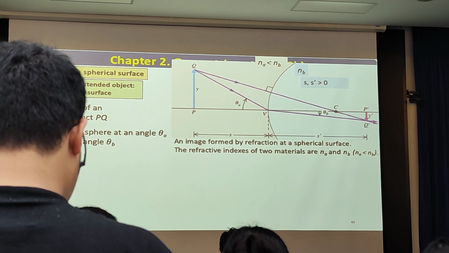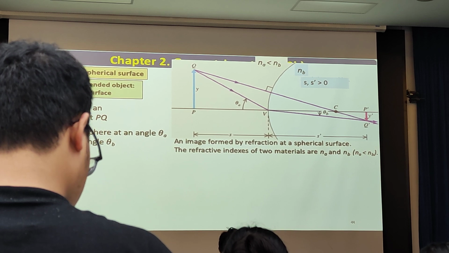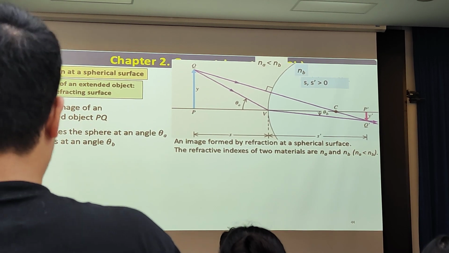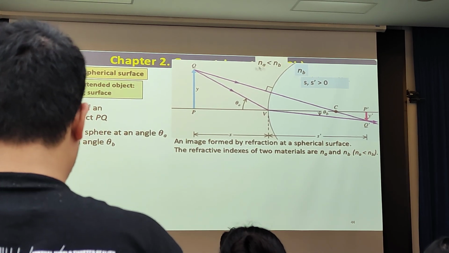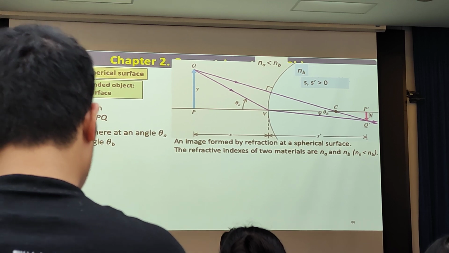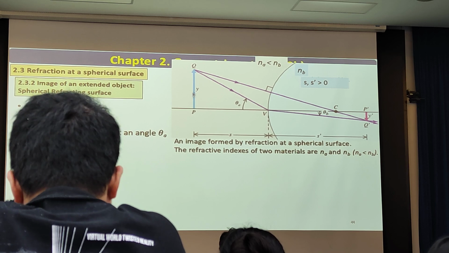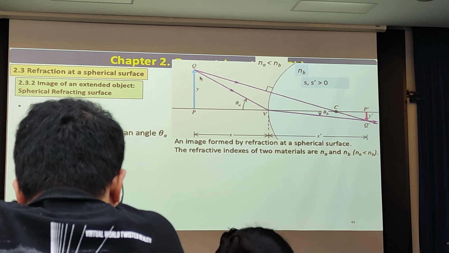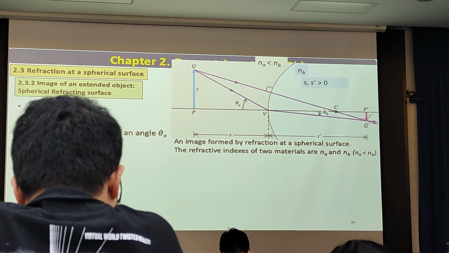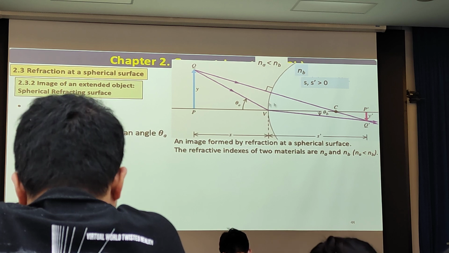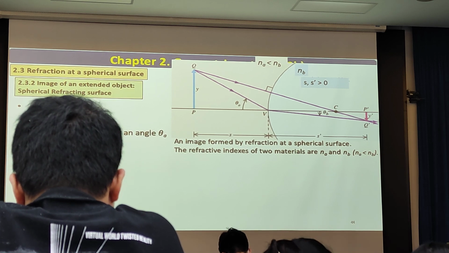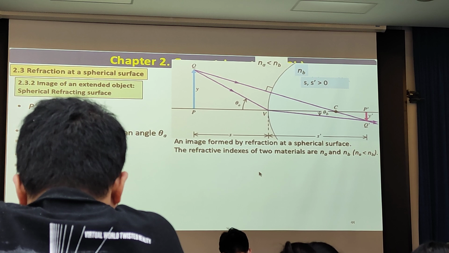Here we can have also this case P prime Q prime, but in this case you have also n is smaller than n. So P prime Q prime is an image of an extended object P. We have this case. We got QB hits the sphere at the angle theta A, so it refracts at an angle theta B. You see here, okay.